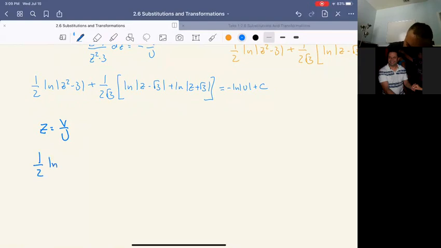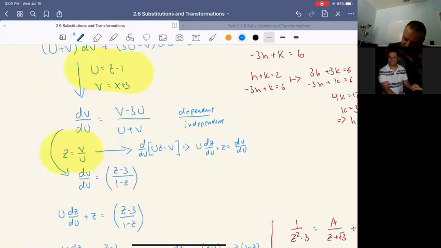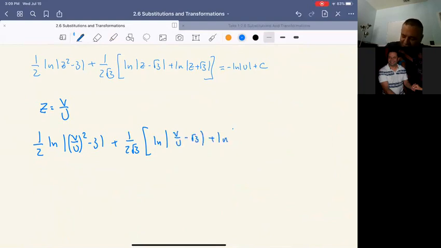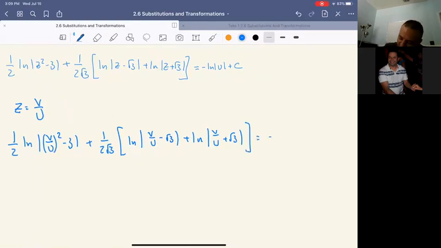Okay, so we get 1/2 natural log of, let me write it this way first, v over u squared minus 3 plus 1 over 2 root 3 natural log of v over u minus root 3 plus natural log of v over u plus root 3 equals negative natural log of magnitude of u plus c.